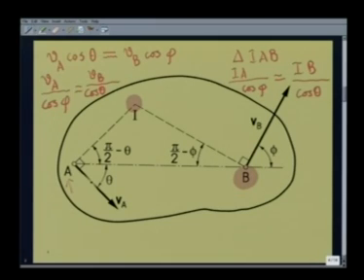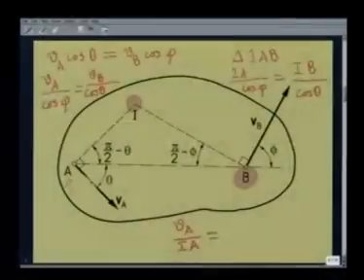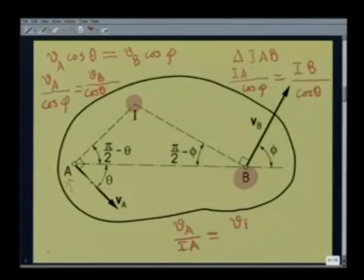So, I can easily write Va by IA is the same as Vb by IB, and this ratio I call omega, that is the angular velocity of the rigid body.